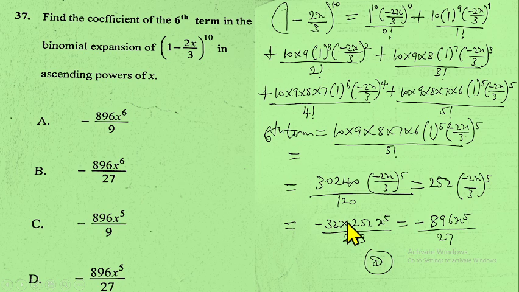So if you multiply minus 32 by 252, over 243, then something can cancel here. I think 9 can go, so 9 can go up, 9 can go down, then you have minus 896 s raised to power 5 over 27 as the coefficient of this expansion. So option D is the correct option for question number 37.